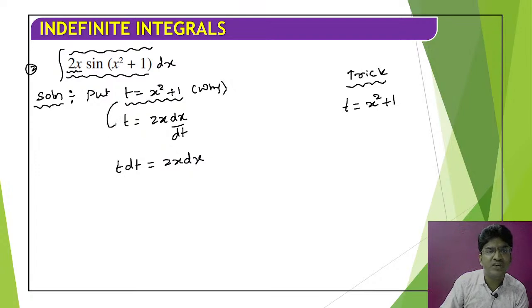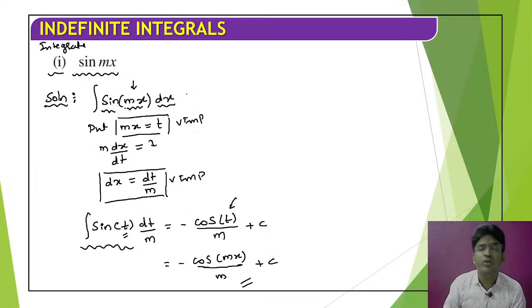Differentiation of t with respect to t is 1, and differentiation of x square is 2x. So you see that 2x is already present here. Therefore, I should substitute t equal to x square plus 1.